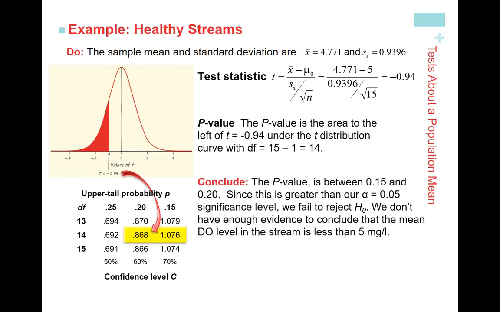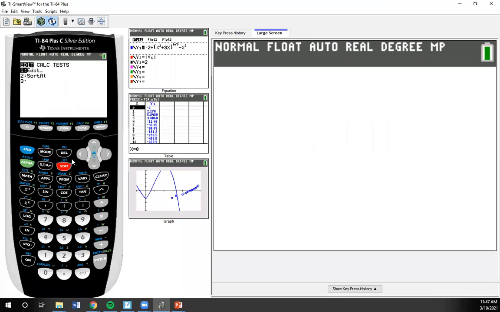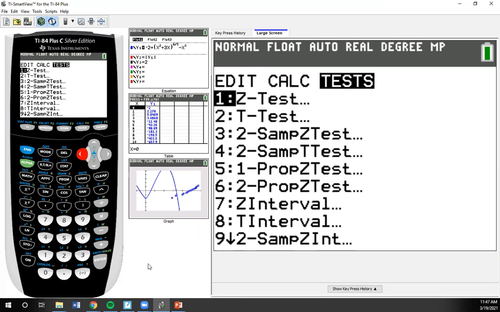Now, I want to shift into talking about the calculator here. So your data should be in list 1 on the calculator. And we're going to go to stat tests.